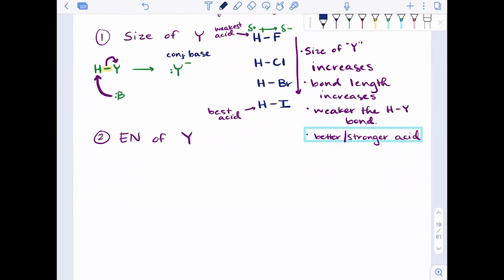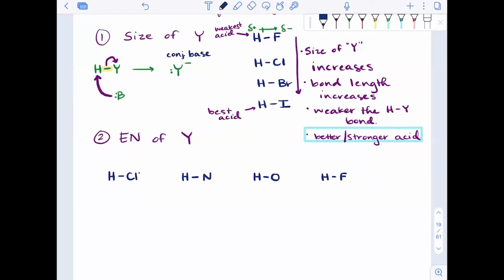Now, when we think about the electronegativity of Y, this is looking at atoms that might be very similar in size. When we think about the hydrogen to carbon bond, the hydrogen to nitrogen bond, the hydrogen to oxygen bond or the hydrogen to fluorine bond.